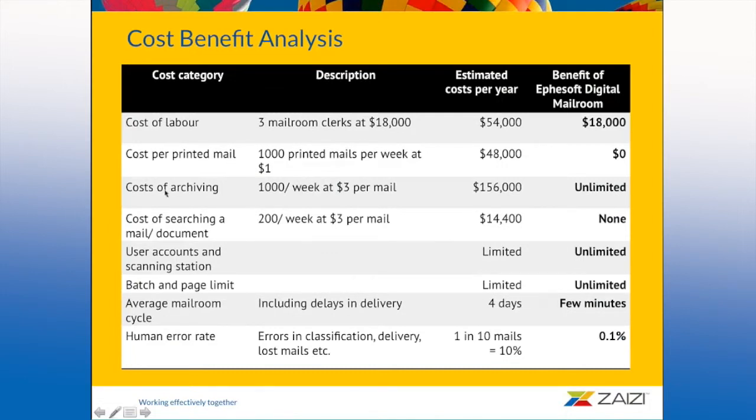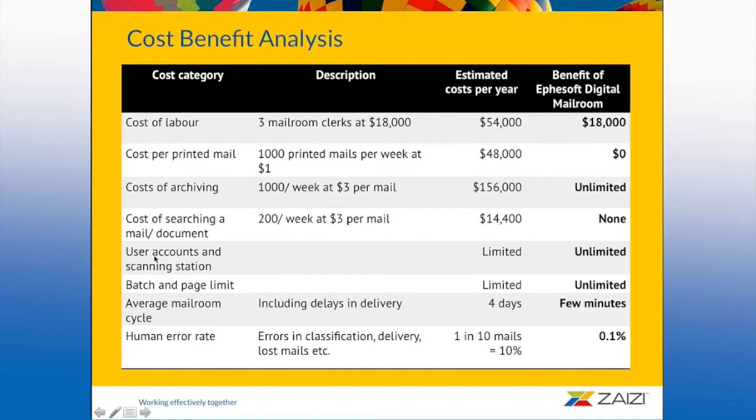There is no cost of archiving. Your archiving is unlimited and your costs are reduced to a large extent. The cost of searching a mail document is also considered none because you have the extracted data. All you have to do is export it to Alfresco and perform a search in Alfresco, so that it won't take more than a few seconds to search your data.